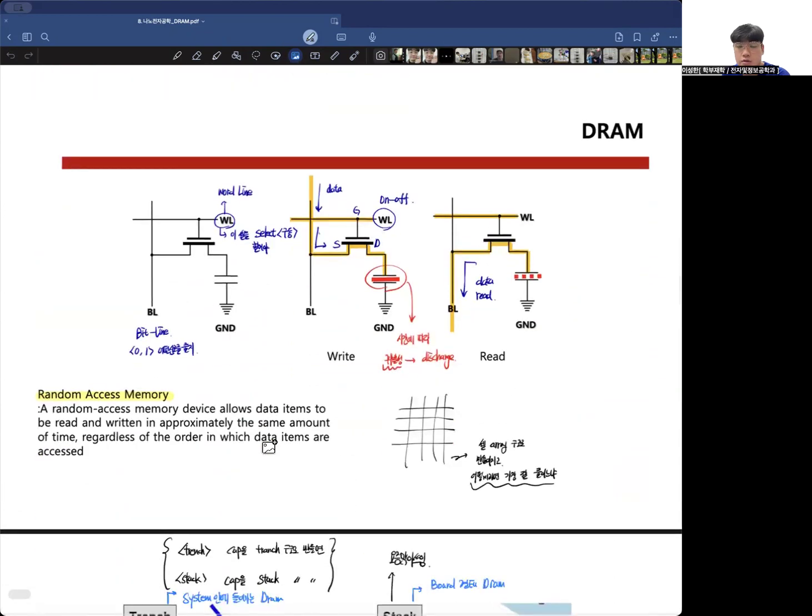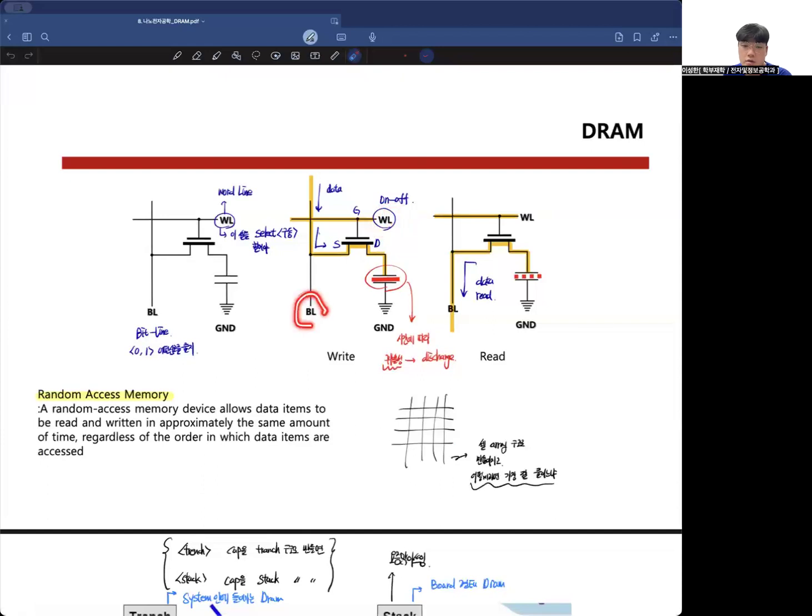And then this is the DRAM structure. It uses one transistor and one capacitor. This is the word line and bit line. The word line is connected to the gate, so it works as a switch, the on-off operation in the transistor.